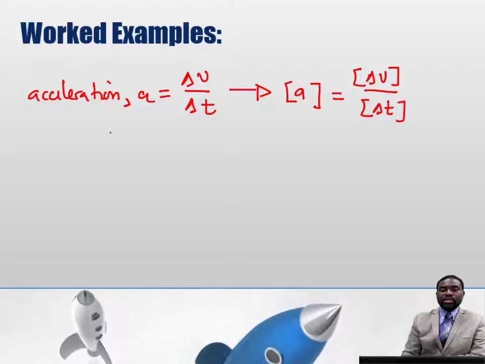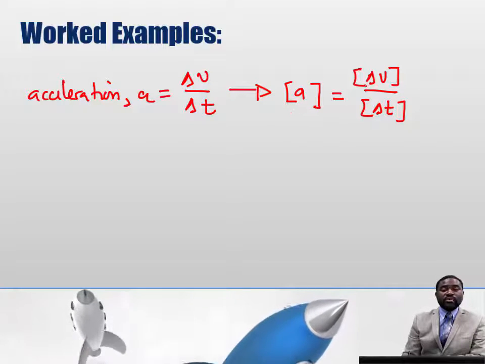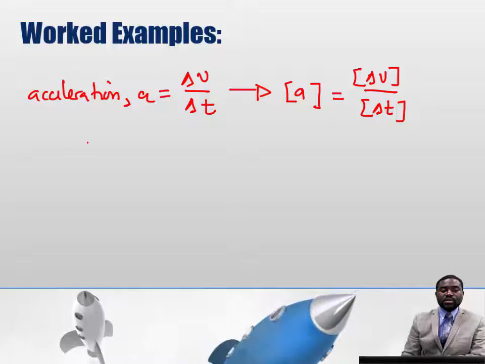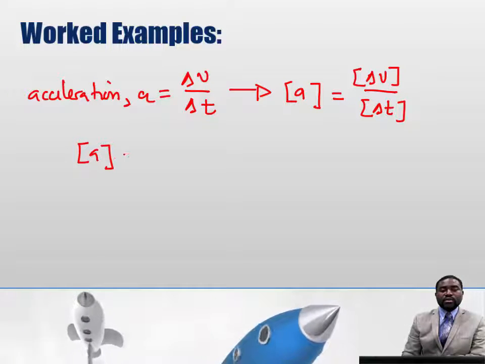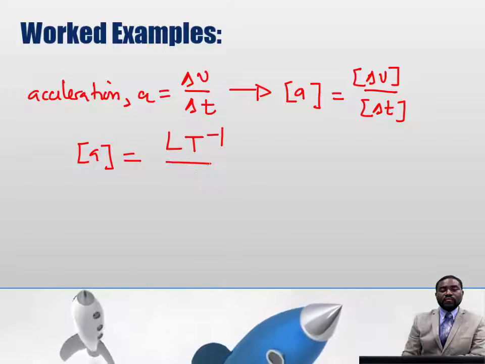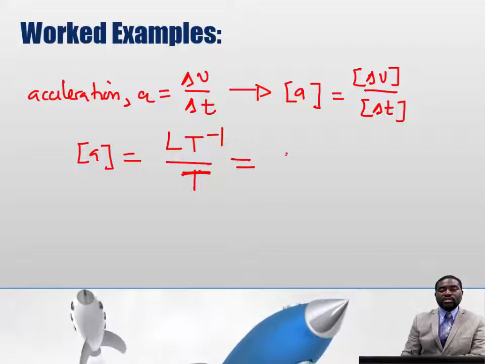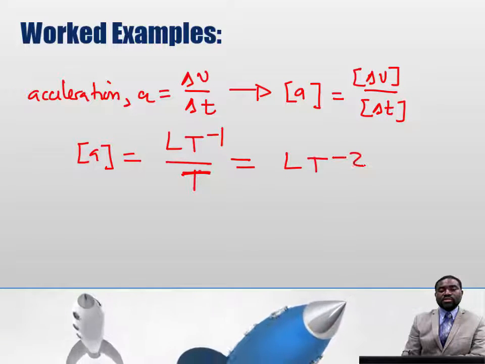In other words, the dimensions of acceleration is equivalent to the dimensions of velocity divided by the dimensions of time. So the dimensions of velocity is LT^-1 divided by the dimensions of time, which is just T. This is going to be equal to LT^-2.